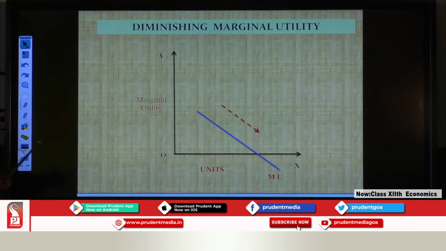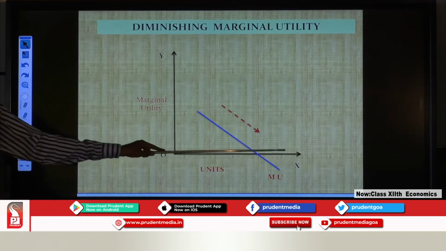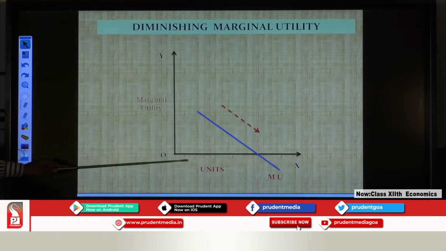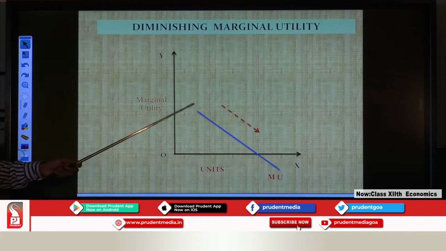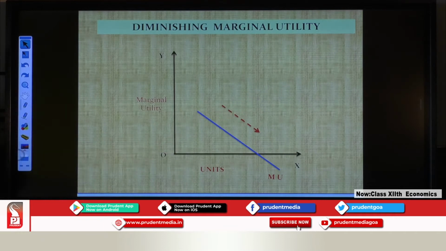Now, in the examination, no need of plotting. You can draw a neat freehand drawing of marginal utility. Is it clear? So, there is no need of plotting, taking the scale and measuring. You can draw a freehand drawing and draw the diagram.